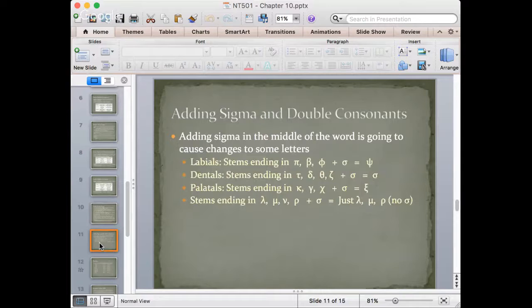So when you add a sigma, sigma is one of those slippery letters. I've talked about how in chemistry you have elements that are reactive. Sigma is one of those reactive things. When it bumps up against certain letters, it creates other letters, or literally drops out. With labials, which are your pi, beta, and phi, when the sigma impacts those, it becomes a psi.